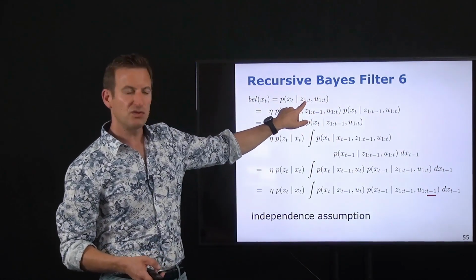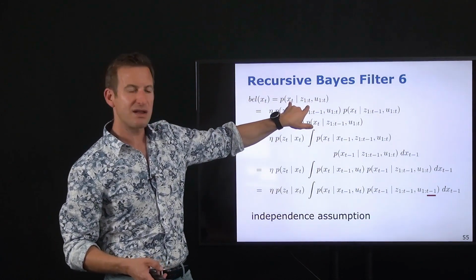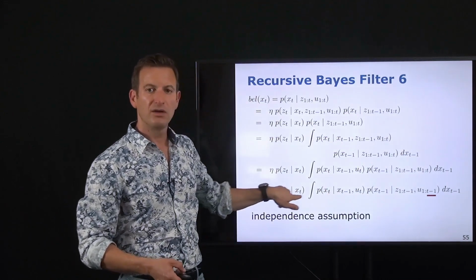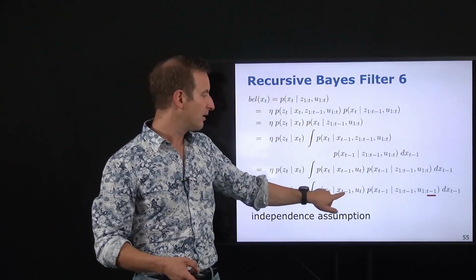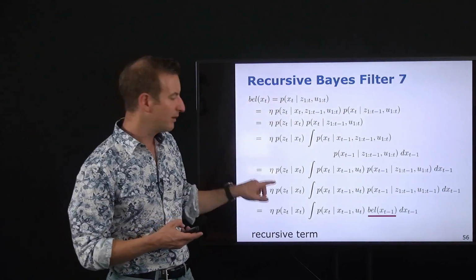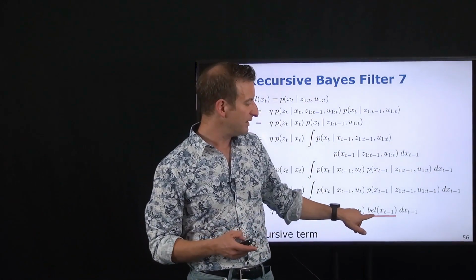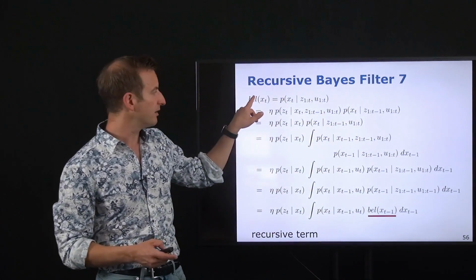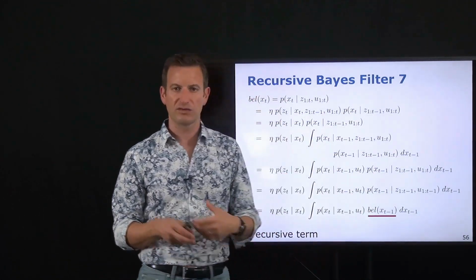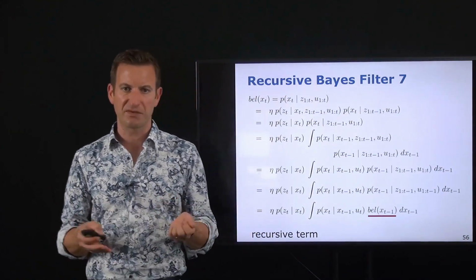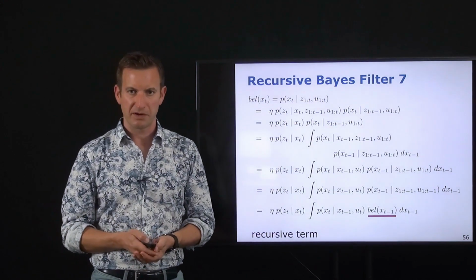So I reduced the estimate of where I am right now to the estimate of where I've been before, plus some updates which only depend on the current control command and the current observation. So I can put in the belief of xt minus 1 to make this recursion explicit. It's just a replacement. There's no assumption in there.